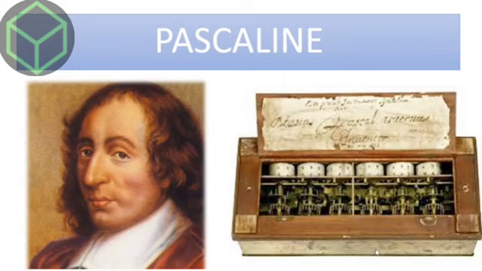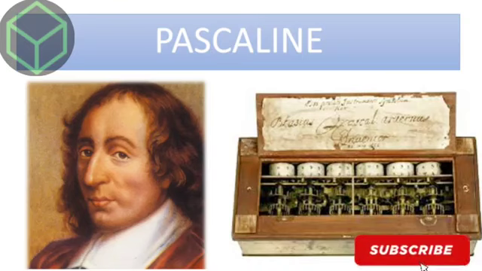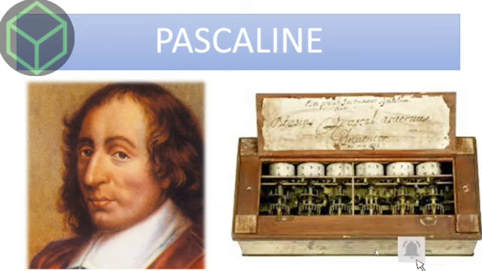Next is the Pascaline. In 1642, a French mathematician named Blaise Pascal invented the first mechanical computing machine, known as the Pascaline. It consists of a box with movable gears that could add, subtract, multiply and divide numbers very easily.